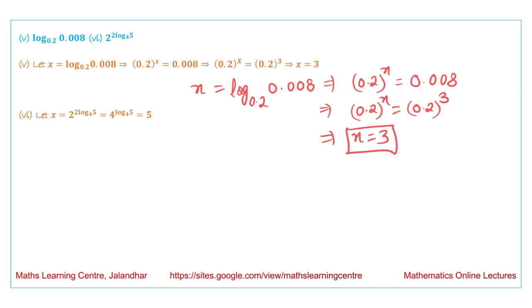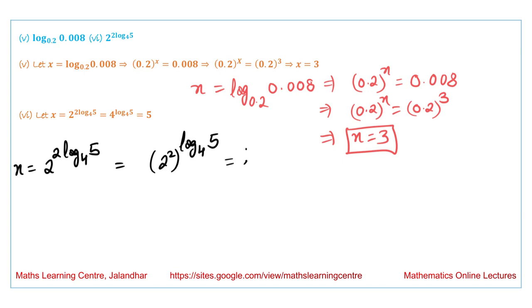Similarly, the next question we have is 2 raised to the power 2 log base 4 of 5. Suppose we say this value is equal to x. We write it as 2 squared, whole raised to the power log 5 to the base 4.